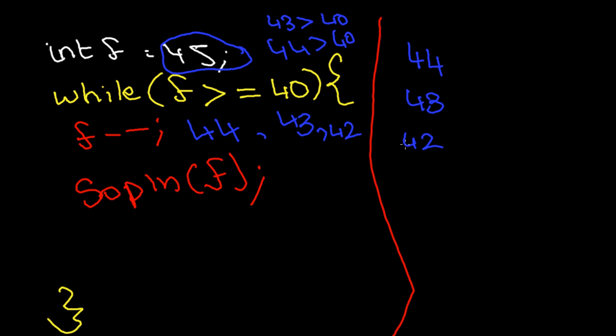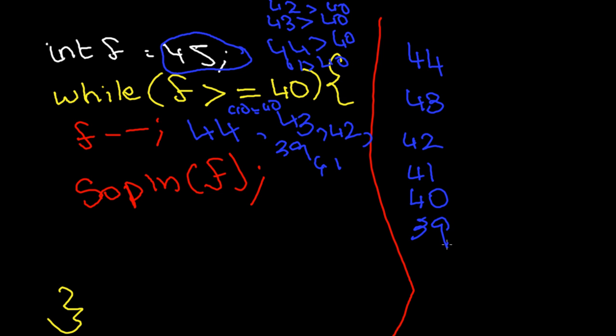Prints 42. Comes back here. 42 is greater than 40. Now it becomes, well, I'm running out of space, it becomes 41, prints 41, comes back here, 41 is greater than 40, comes down here, it becomes 40, prints 40, goes back up. Now 40 is equal to 40, so it comes down here, it becomes 39, prints 39, and then it goes back, checks 39 is not greater than or equal to 40, so it won't go in again.